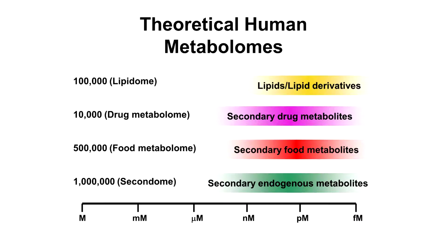We know that many foods are transformed, and so if there's 30,000 different chemicals in foods, those are also transformed, again, quite substantially. And there could be 10 to 15 different metabolites for each compound. So these are called secondary food metabolites, so we're up to 500,000.